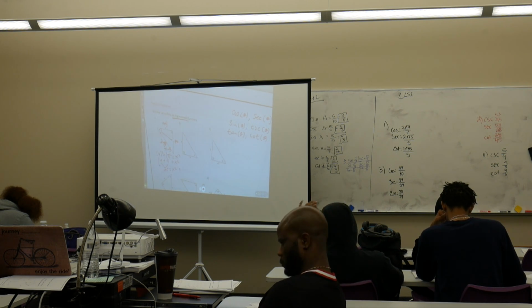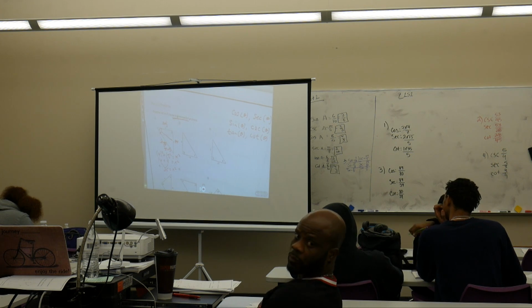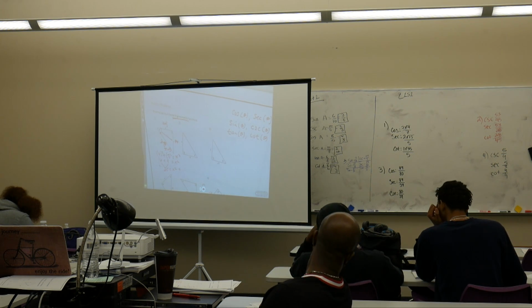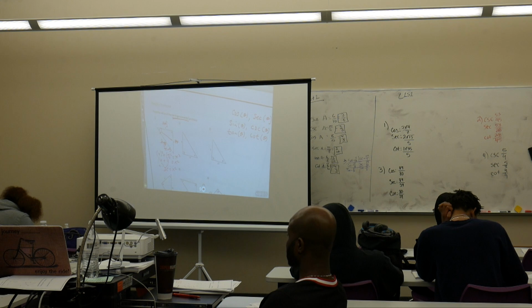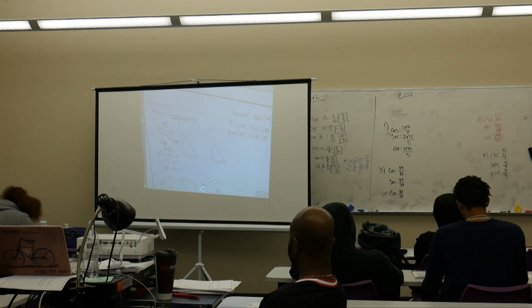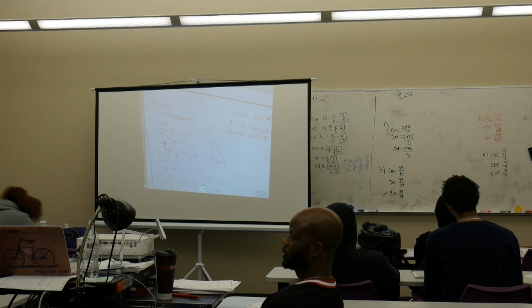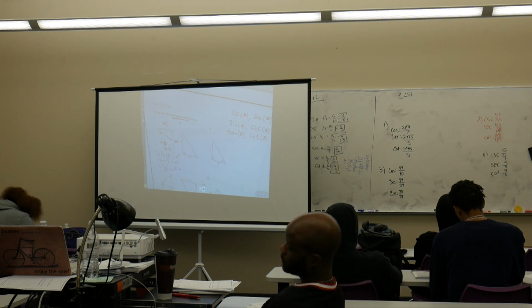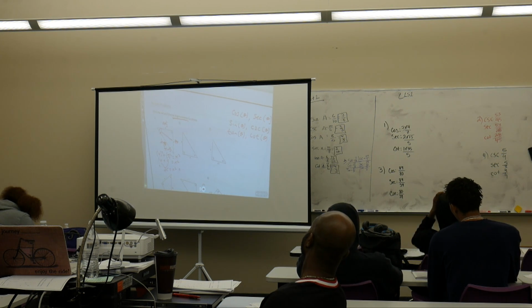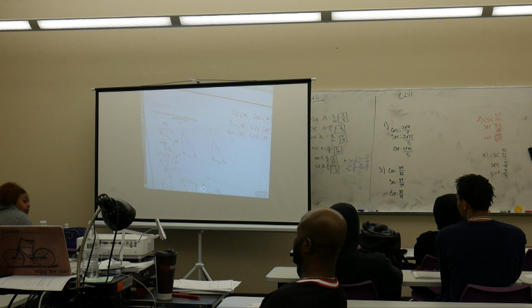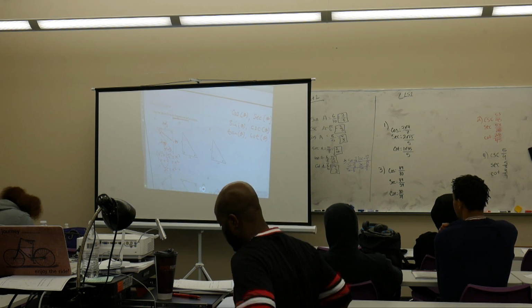We're good? So now you have adjacent, opposite, hypotenuse. So you can use SOHCAHTOA. Cosine is what? Adjacent over hypotenuse.